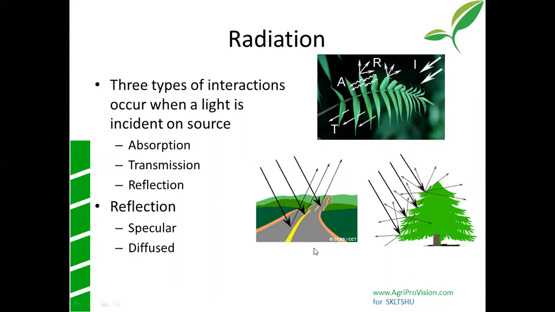So one is going down and getting absorbed, another is transmitting through into the next surfaces, and the third is reflectance. Reflectance happens in two different formats. One is called specular. It comes, hits the ground, and reflects back like a mirror. When light hits it, it goes back into the atmosphere as it is. The second is called diffused.